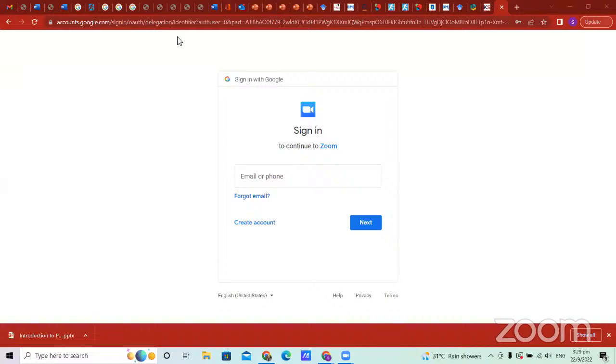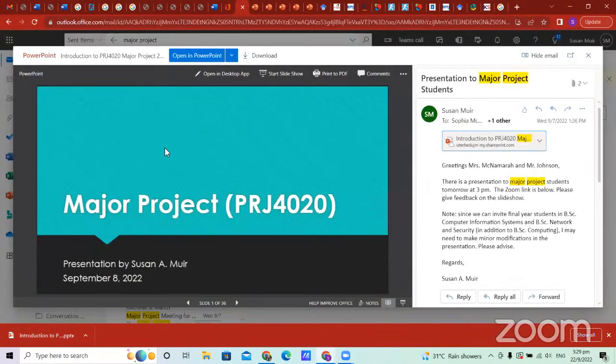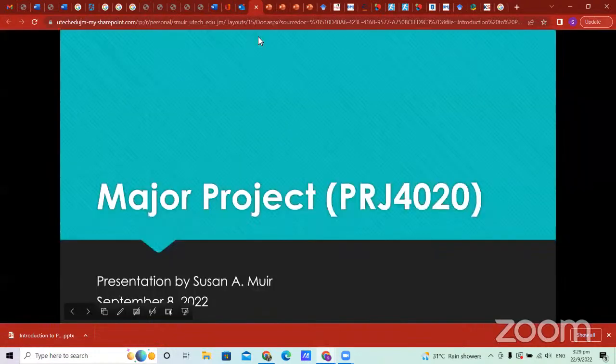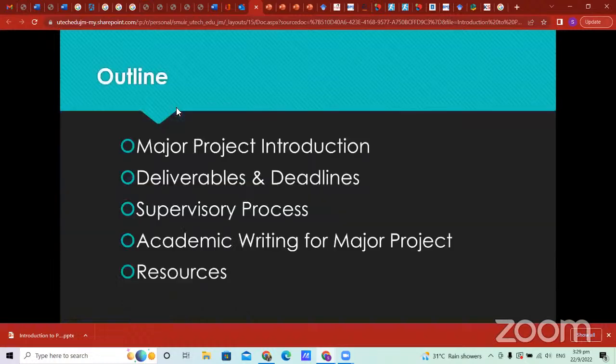Too many devices. This is what it is. I had opened it before. Yes, this is it. All right, it's good enough.